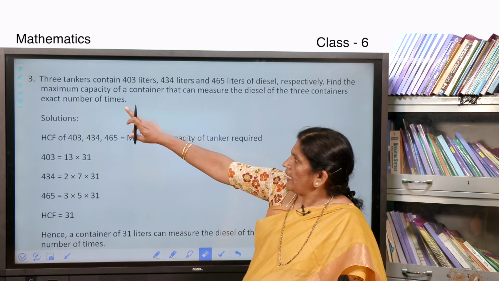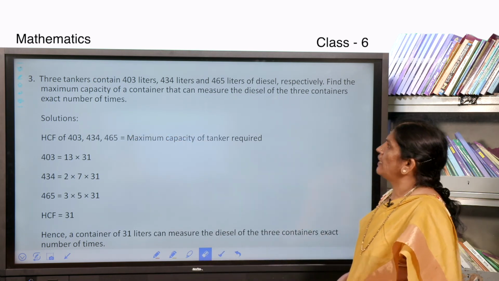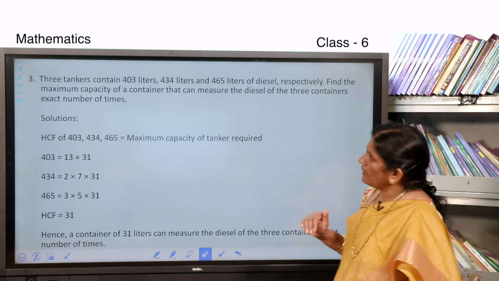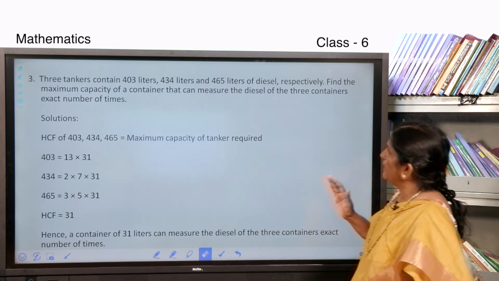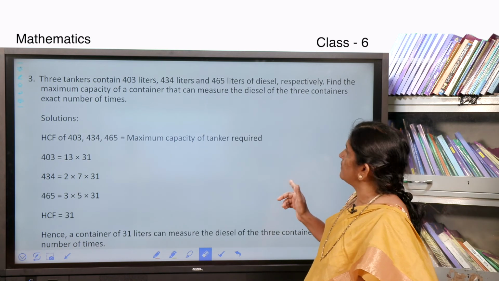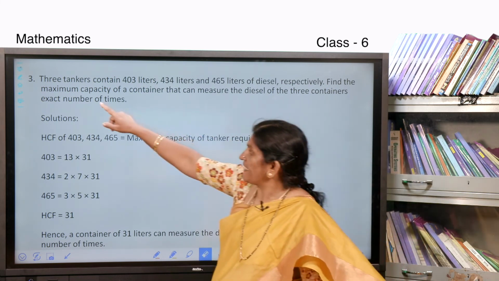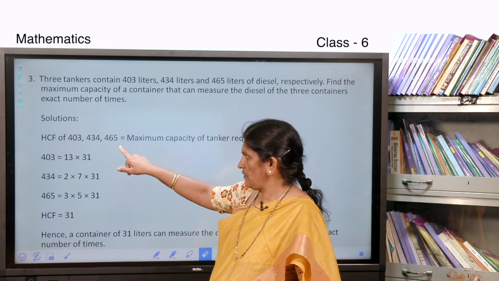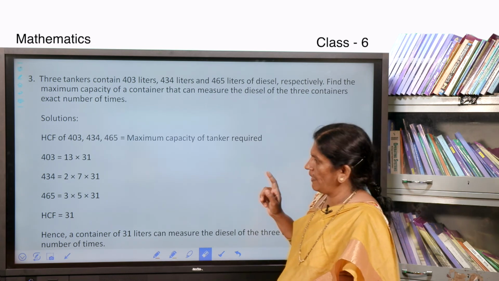Next, 3 tankers contain 403 liters, 434 liters and 465 liters of diesel respectively. Find the maximum capacity of a container that can measure the diesel of the 3 containers an exact number of times. Again we can see the word maximum here. So, HCF of 403, 434 and 465 is the maximum capacity of tanker required.